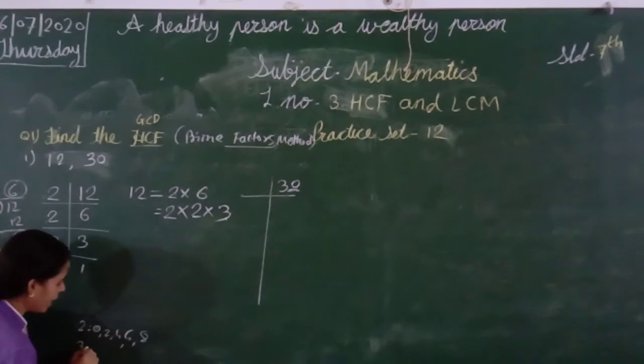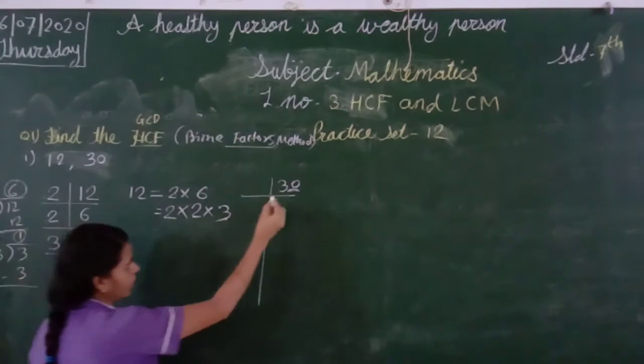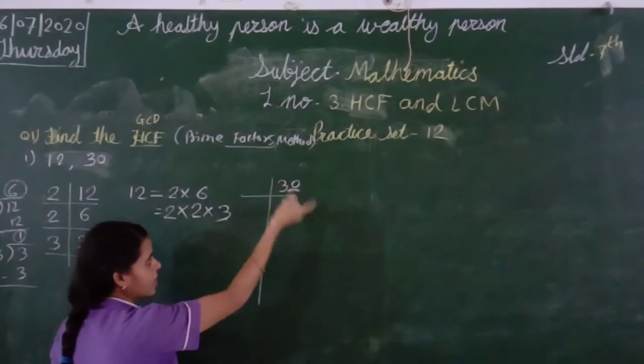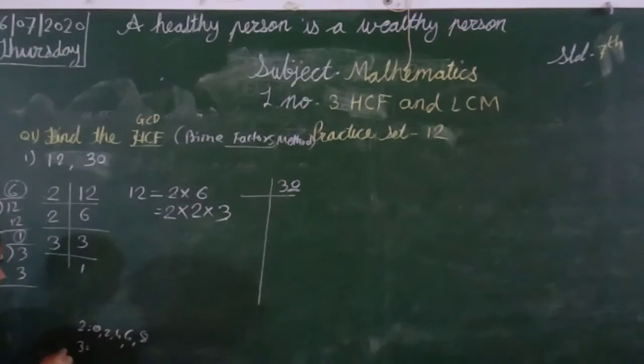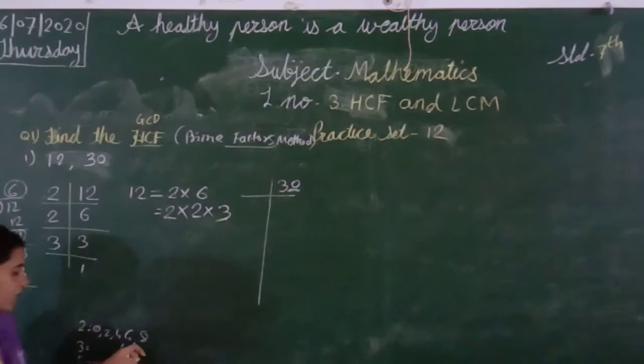You divide by 3 when the sum of the digits comes in table 3. And you divide by 5 when the unit place has 0 or 5.